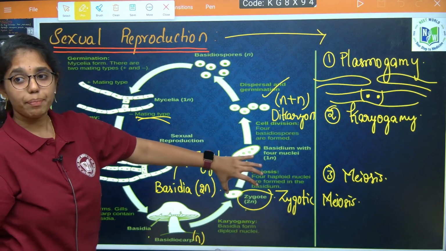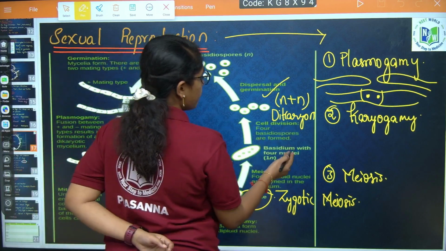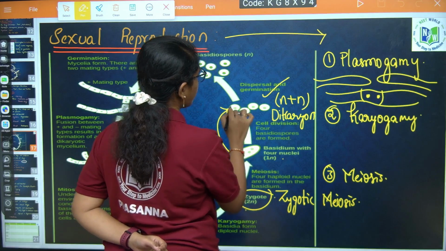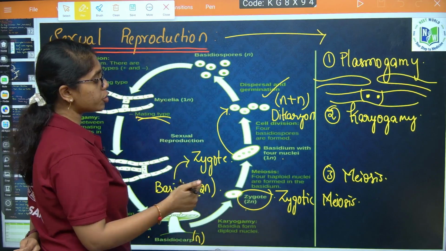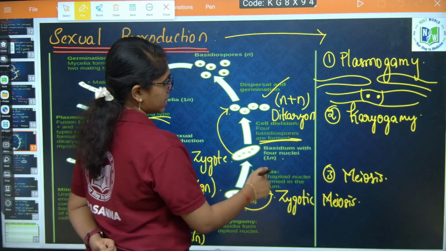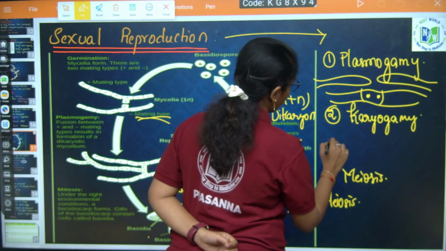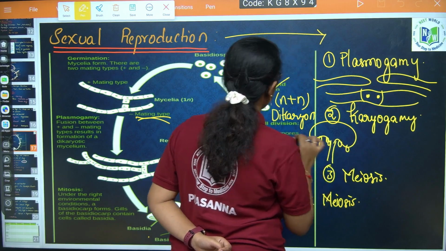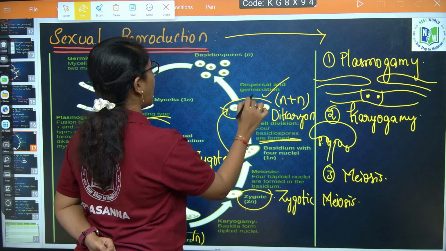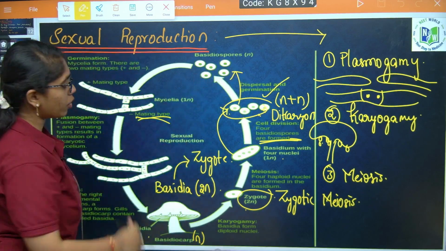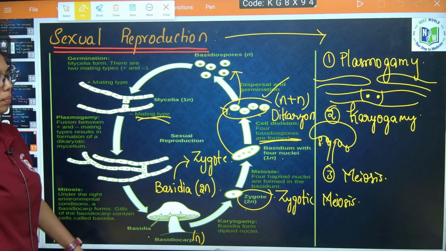It releases four nuclei, which later turn into four basidiospores. How are basidiospores formed? Exogenously, like this. These basidiospores are released and when they fall onto suitable substrata, they grow into a new mycelium.